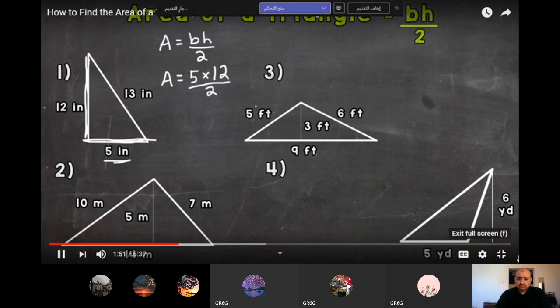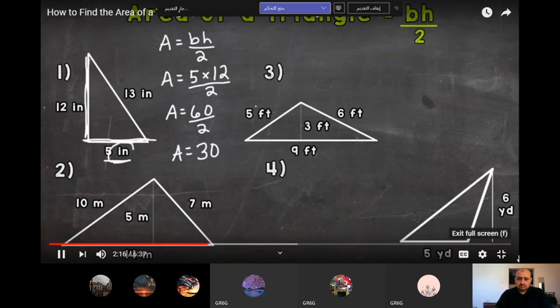So now it's time to solve. We know 5 times 12 is 60. And now we need to do 60 divided by 2 to get to our answer. And notice we have 60 divided by 2 written as a fraction there. That's fine. A fraction is division. So that just means 60 divided by 2, which gets us to 30.